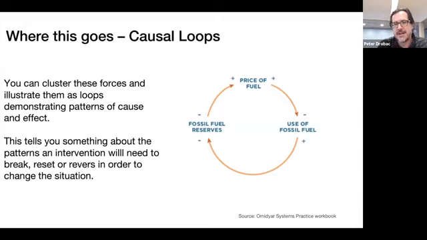So an increase in the price of fuel leads to a decrease in the use of said fuels. And if you decrease your use of said fuels, you're going to have an increase in fossil fuel reserves. The supply is going to increase, which will in turn decrease the price of fuel. If fossil fuel reserves go down, the price goes up, and obviously vice versa. So ultimately, this is a loop that regulates the price of fuel, just simply based on supply and demand.